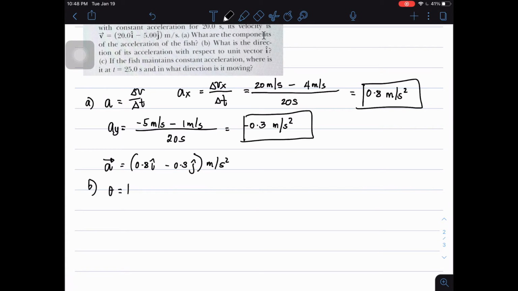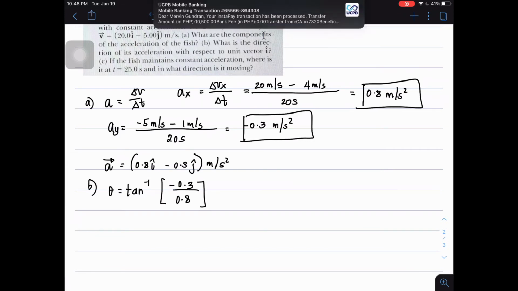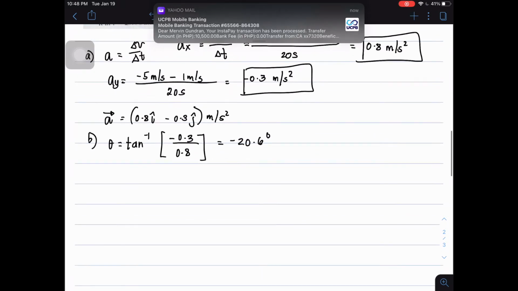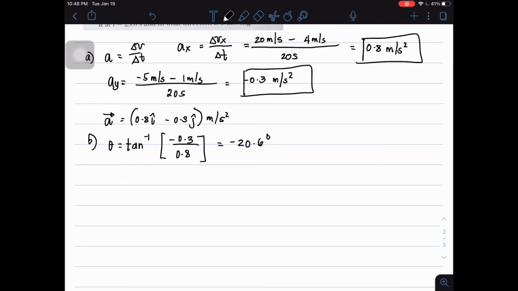Now let's solve for the direction using arctan of AY over AX. And our angle is equivalent to negative 20.6 degrees, and it's located in the fourth quadrant.